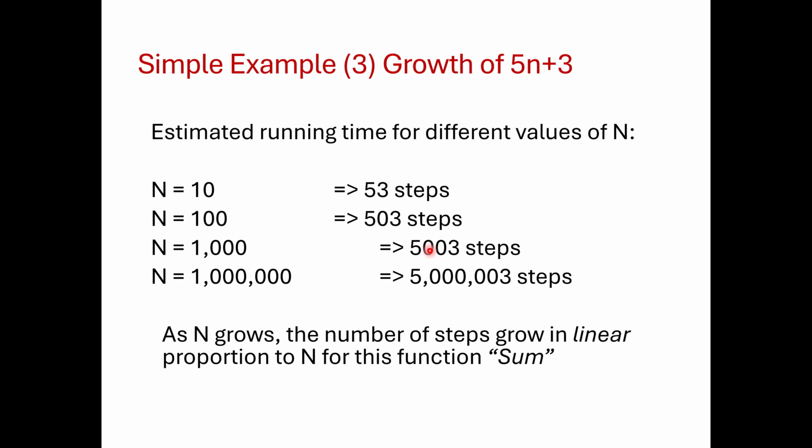What we are really interested in is how this algorithm behaves in relation to the input size, how the number of steps grows in relation to the input size. And as we do this simple experiment here, we see that trend popping up, right? As n is increasing, there's a linear proportional growth between the input size and the number of steps.